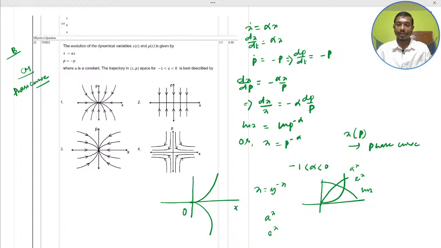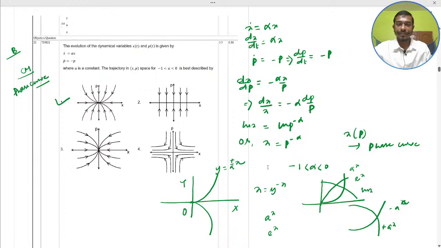Okay, 0, x and y, and y equal to e to the power x. Plus minus, because for plus this would be this one, for minus that would be this one. This is for plus a to the power x, this is minus a to the power x. So here option would be 1.